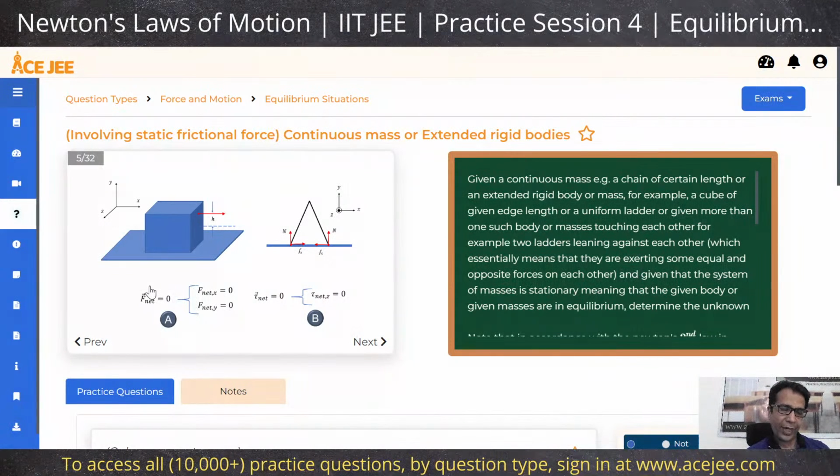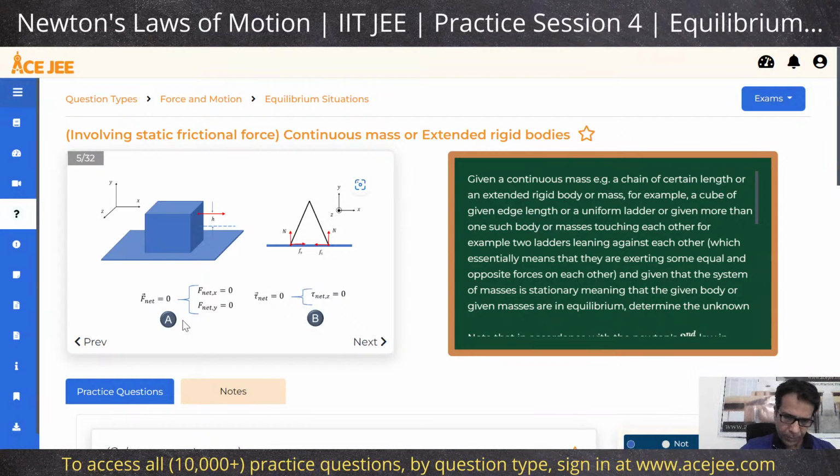Now, if you're writing tau z, that axis can be anywhere in the xy plane, it will not make any difference, okay? So you will still get only one equation. You cannot get multiple independent equations by writing tau z equals 0 about different axes. So that will not be of much help.